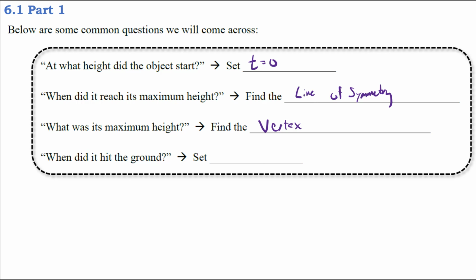Okay, and when did it hit the ground? Well, with that, we're going to set h of t, the height at whatever time value they got, equal to 0. Set that equal to 0 for your height, and you should be able to find how many seconds it took to get there.